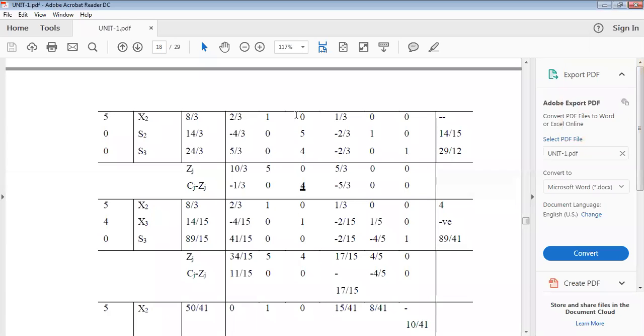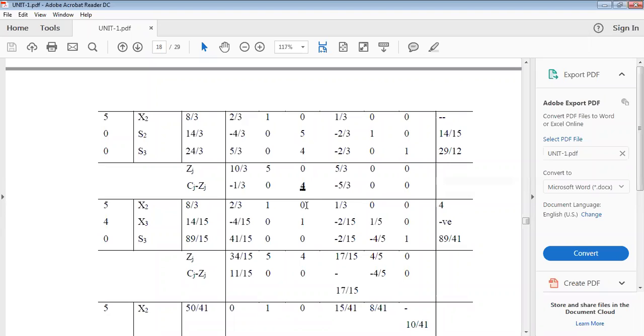Just copy this entire first row here: 5x2, 8 by 3, 2 by 3, 1, 0, 1 by 3, 0, 0. And finally, the ratio can be calculated later, not now. So copy all these elements, the first row, here.